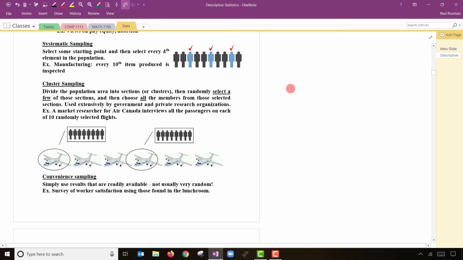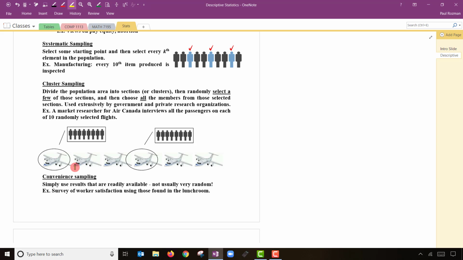Cluster sampling, this is where you break your population into entire clusters. This is kind of a nice visual of that. An airline company is interested in how people feel about various flights. Rather than randomly selecting passengers, which would be very difficult, I'd have to grab one passenger on flight 0649, another passenger on flight 9602.